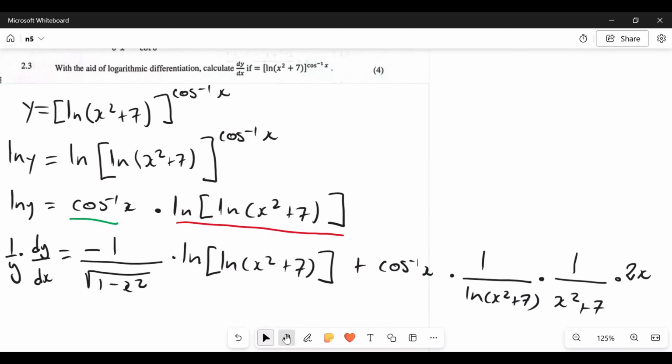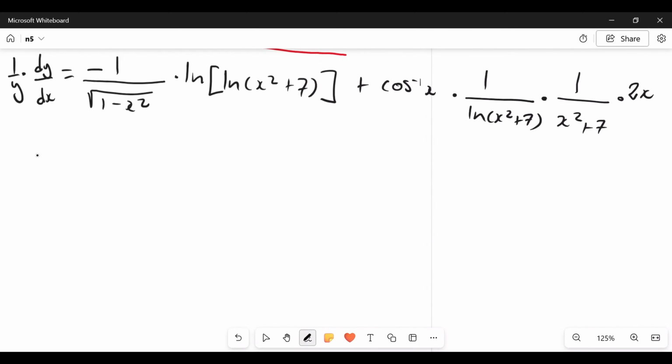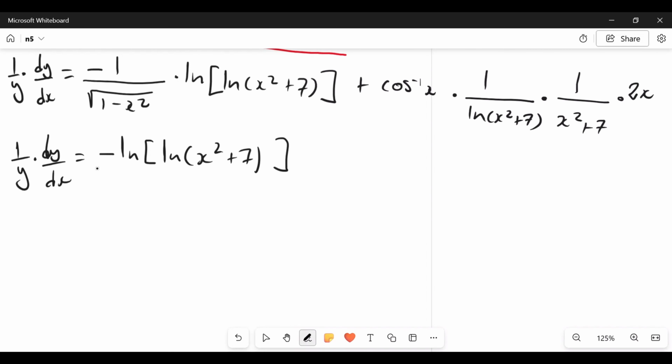So let's create space so that we can simplify this question further. Here's what you're going to do. On the left hand side, we write 1 over y multiplied by dy over dx. Then on the right hand side, we have the numerator, which is negative 1 multiplied by everything there. So this is going to be negative ln(ln(x squared plus 7)) all divided by root of 1 minus x squared.